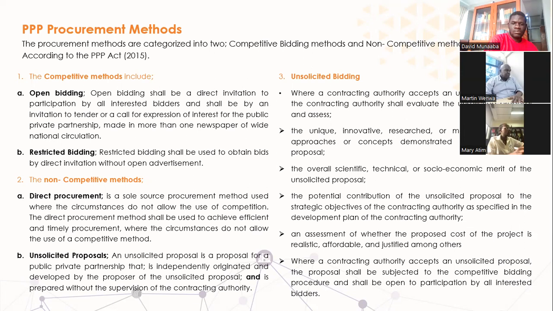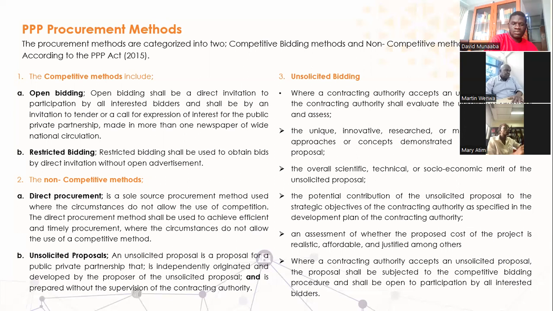Under direct procurement, a sole source procurement method is used where the circumstances do not allow the use of competition. The direct procurement method shall be used to achieve efficient and timely procurement where the circumstances do not allow the use of a competitive method.